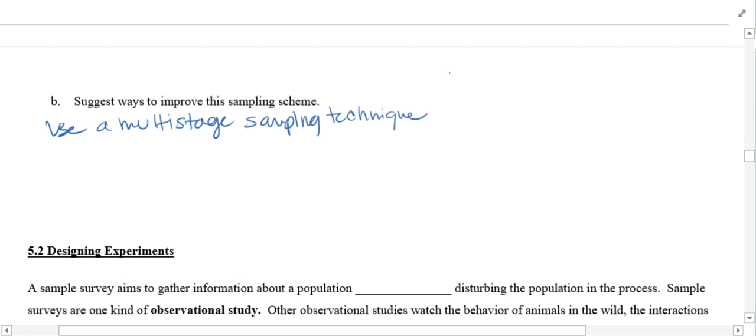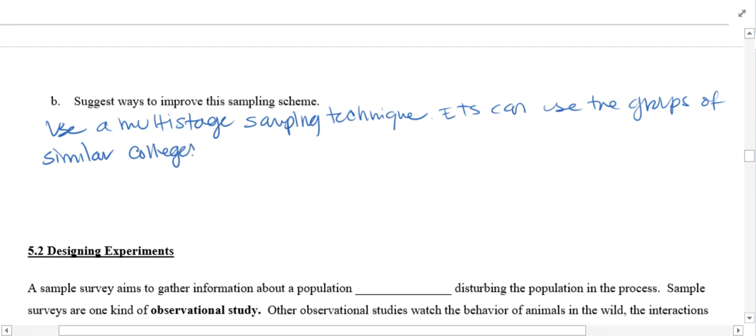Okay, so ETS can use the groups of similar colleges. So that was good that they split the colleges up into categories that were similar. That's totally fine. They said public colleges, small private colleges, etc. However they did before.